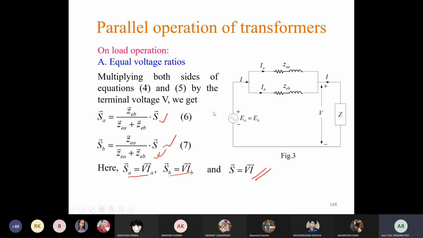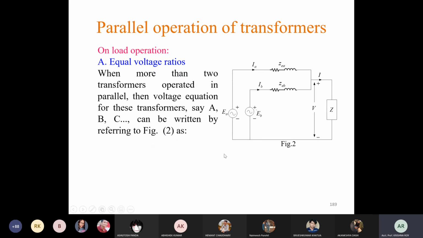Now from equations 6 and 7 we can conclude that this load sharing is inversely proportional to the leakage impedance of that transformer. How we can conclude like that? Let us consider there are n number of transformers connected in parallel.